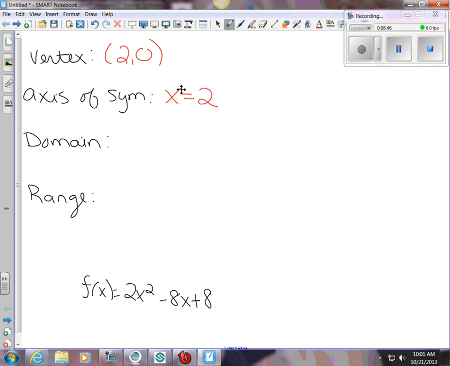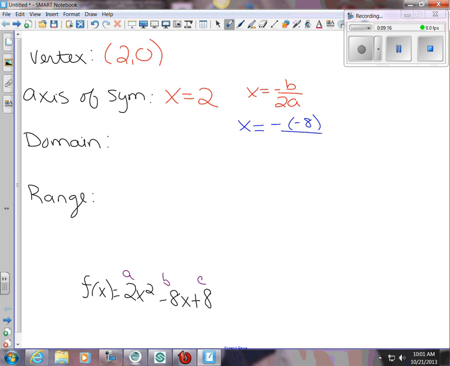Okay. How would I get that algebraically? If I had x equals negative b over 2a, how would I get it using that formula? Where's the b and the a? Where do I get those? From my equation. Good. What's b?